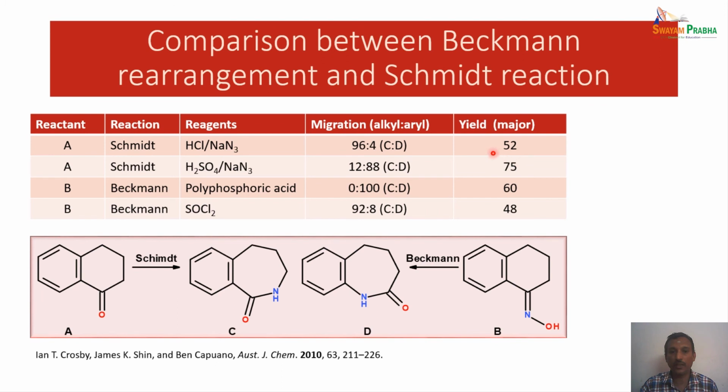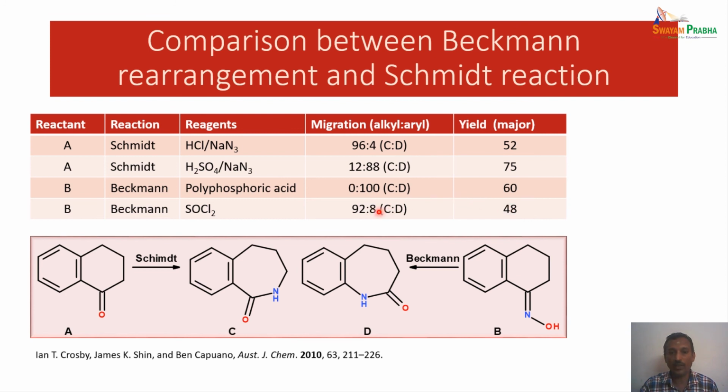So this is the difference in the case of Schmidt reaction, whereas when we use Beckmann rearrangement, the use of phosphoric acid, especially polyphosphoric acid, gives D as an exclusive product with 60% yield. So when we compare the Schmidt reaction and the Beckmann rearrangement, the Schmidt reaction gives a mixture, whereas the Beckmann rearrangement, even though the yield is a little bit less for the product D, gives the only or exclusive product in this particular case. And when we use thionyl chloride for the Beckmann rearrangement, the C is formed in 92% yield, but the isolated yield of the major product is only 48%.